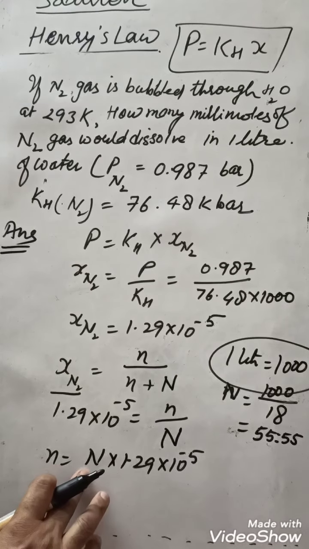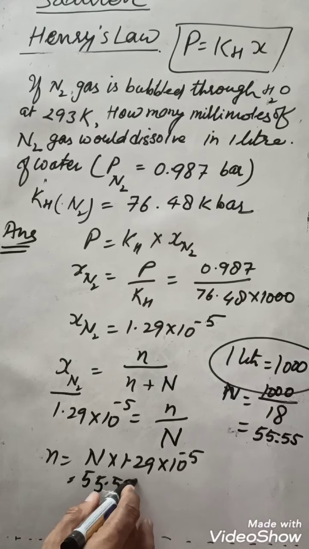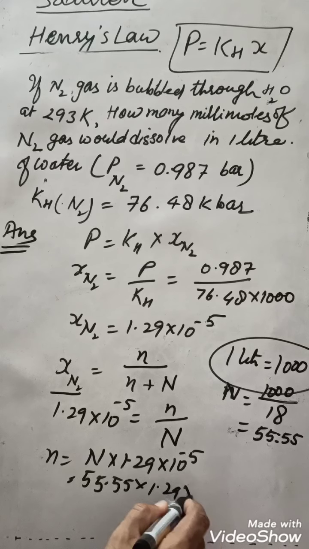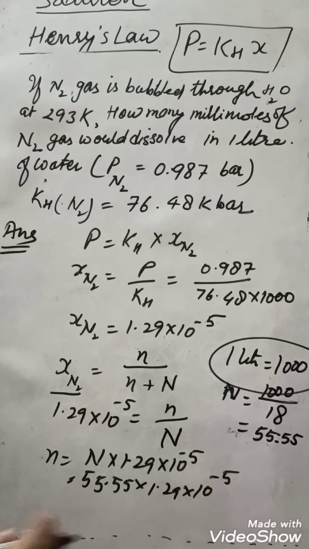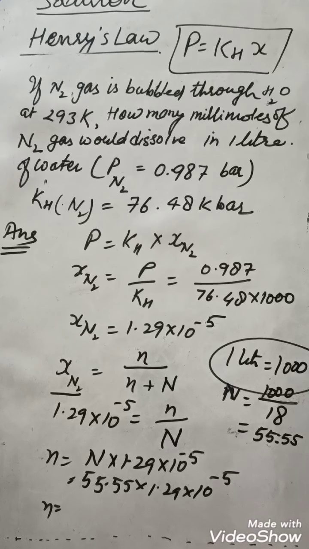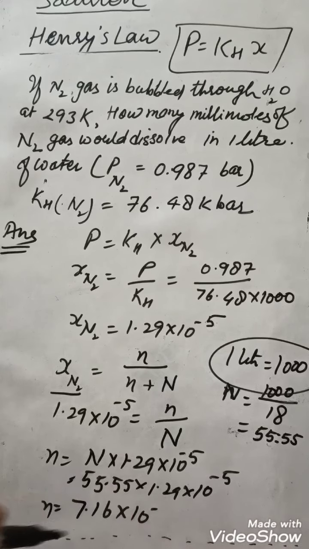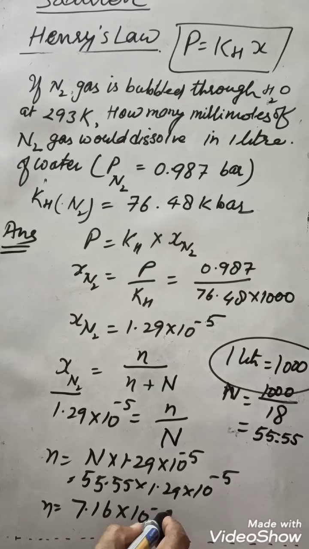And what is N here? It is 55.55 into 1.29 into 10 to the power minus 5. And n will come after simplification, it will come 7.16 into 10 to the power minus 4.